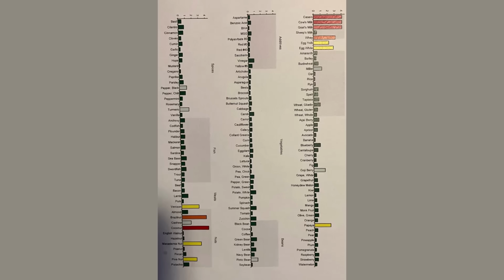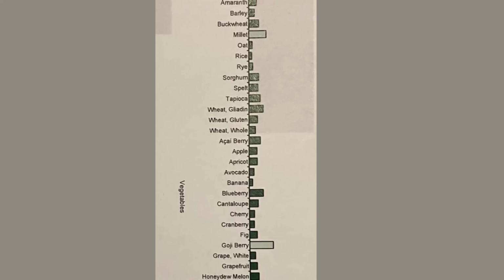So if we look at the grains first, green is okay, pale blue is slightly elevated, a mild reaction, yellow is moderate, orange is high, and red is a severe reaction. When we look at all the grains I've been tested for, you can see I'm not reacting a huge amount to wheat, spelt, sorghum, oats, rice. These are all pretty good.